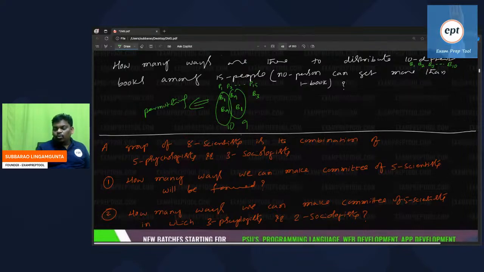Out of those 10 books, one book goes to P1. Of the remaining 9 books, one book goes to P2, and so on. There are 10 books, so the first person has 10 choices, one of the books they will get. The second one has 9 choices.